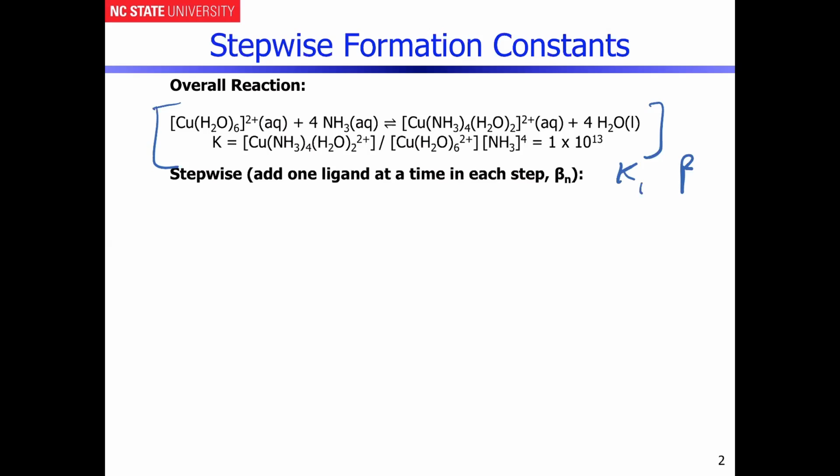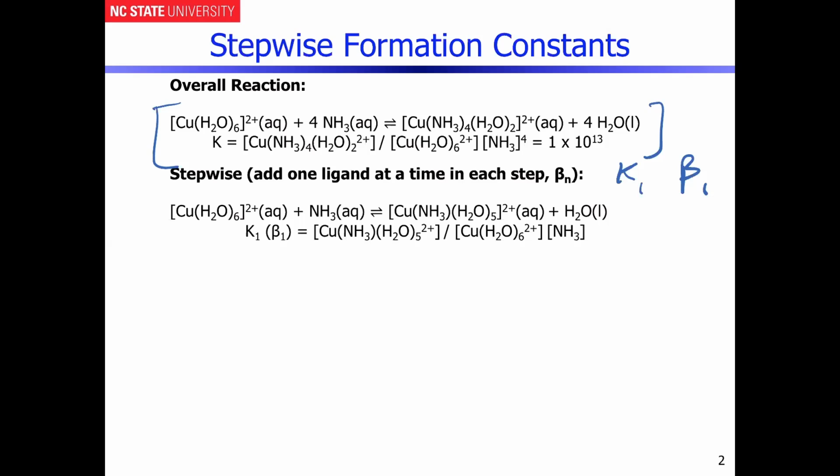But you'll also see them written in terms of beta as well. And beta sub n and K sub n are completely interchangeable in these exercises. You're going to see it both ways because the old nomenclature was with beta. The newer way of doing it is with K values. So whatever makes you happier, I give it to you both ways here.